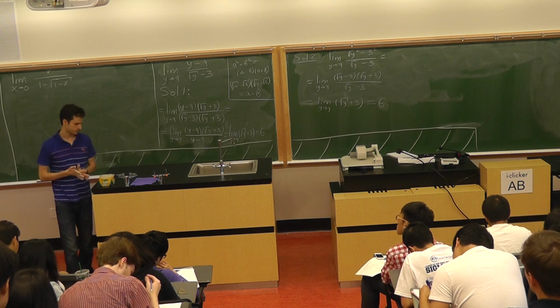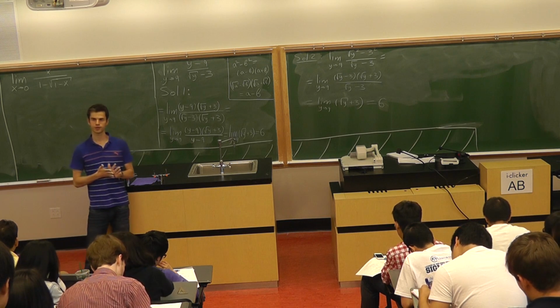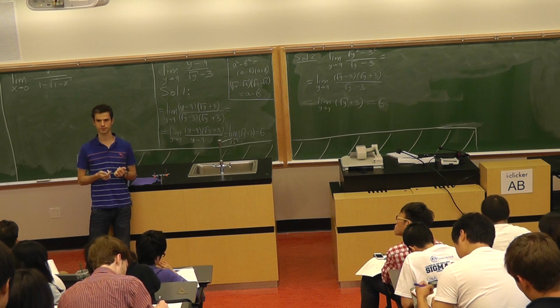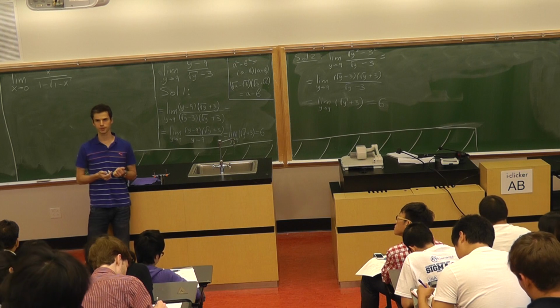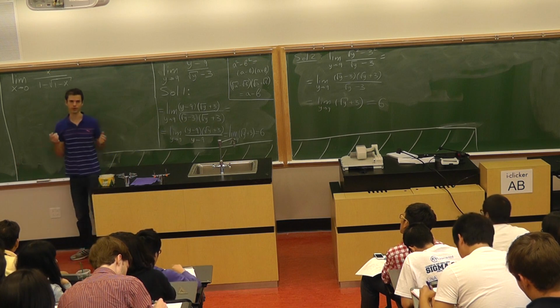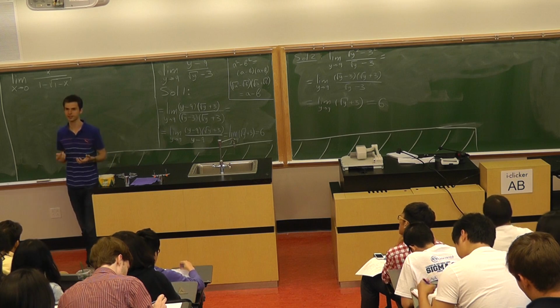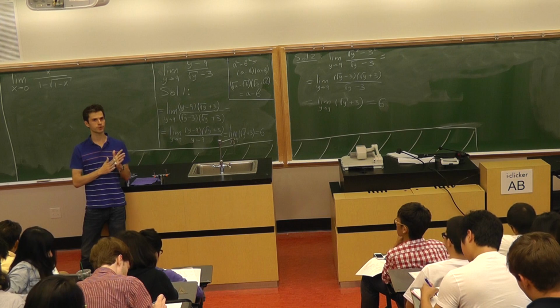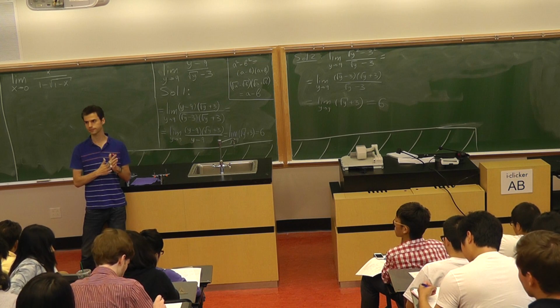So what's the next step? How can we maybe simplify this expression? We would like somehow to factor something out, or manipulate it algebraically in a way that makes it simpler. So what's the idea? What can we try?